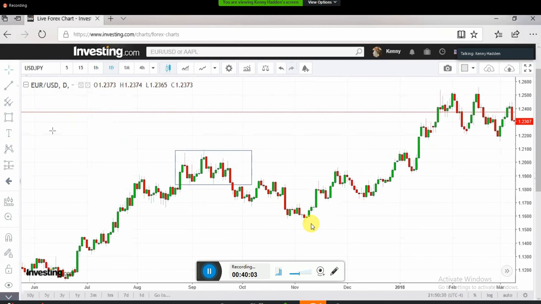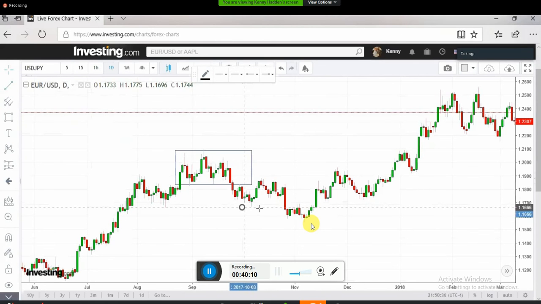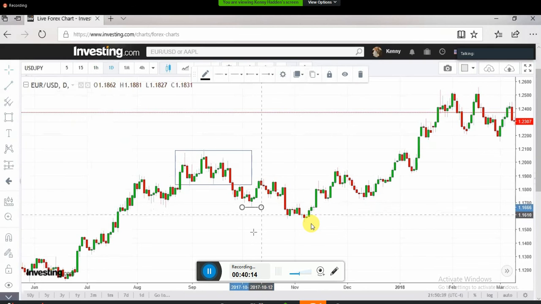So right here, it starts to create a lower low. And then I'm waiting for the price to come back up and retest this area right here, which is going to create a lower high.